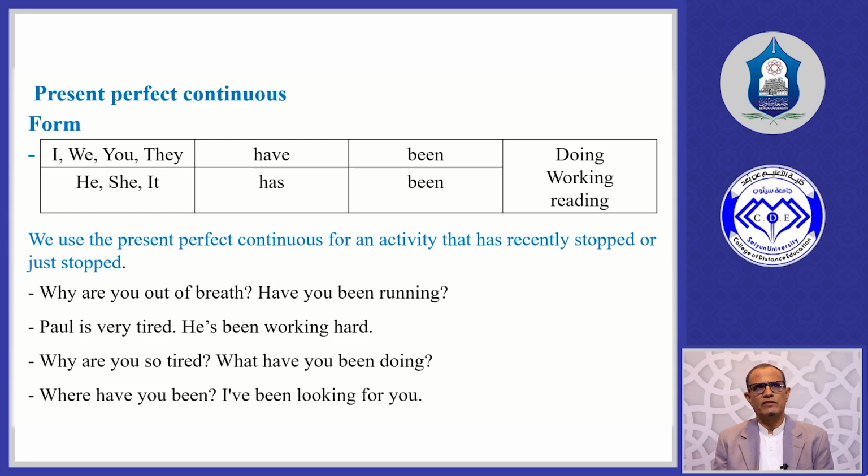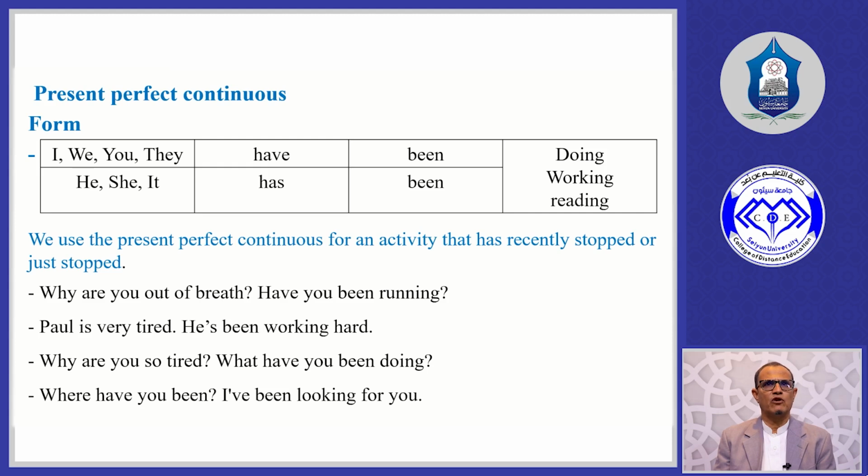Now we'll move to another tense, which is the present perfect continuous. The present perfect continuous is also one of the tenses that are available in English but not available in Arabic. We are going to give you the form of that tense and when we use it. You can see the form here in this table.